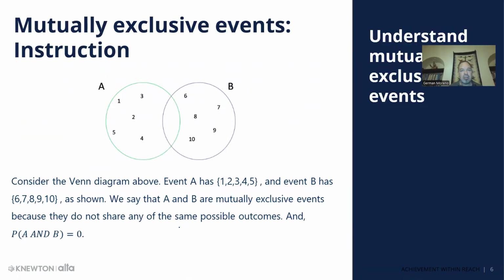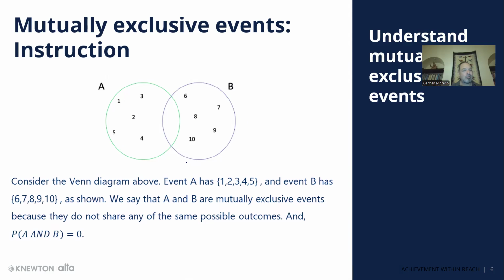Okay, so now they're showing overlapping events here, but there's nothing in the intersection. So they might as well have made these two circles apart from each other. Just consider the Venn diagram above. Event A has 1, 2, 3, 4, 5, and event B has 6, 7, 8, 9, 10. So we say A and B are mutually exclusive. There's nothing in the intersection.